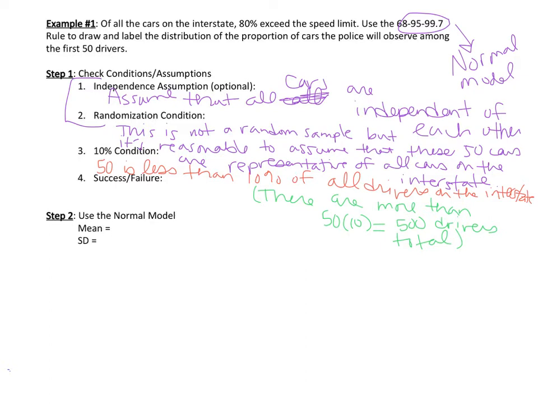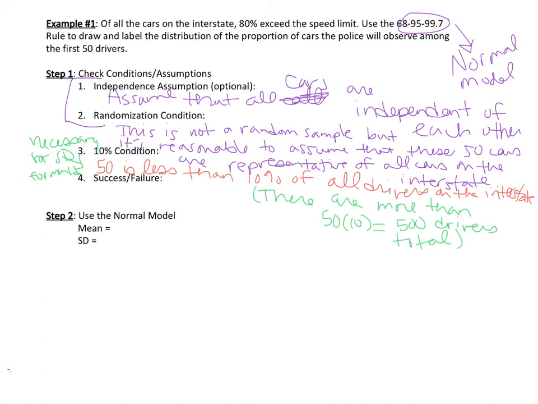So the basic thing here is that we're looking for our sample size to be less than 10% of the population. And this is necessary in order to use the standard deviation formula, and we'll talk about the standard deviation formula in just a sec.